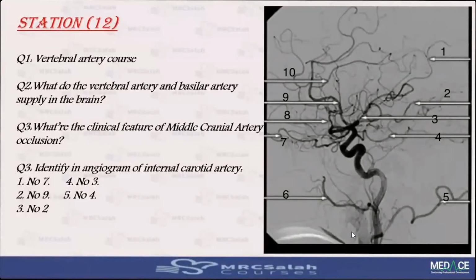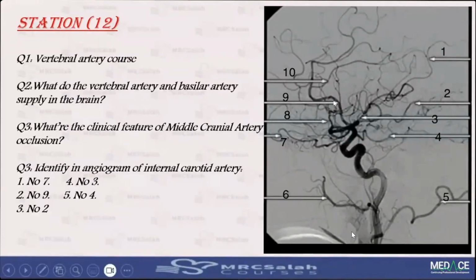Structure number 7 is the ophthalmic artery, number 2 is the posterior temporal and posterior parietal arteries, number 3 is the middle cerebral artery, and number 9 is the anterior cerebral artery.